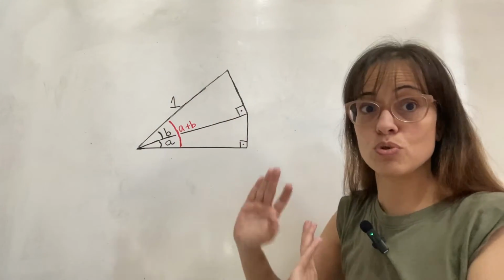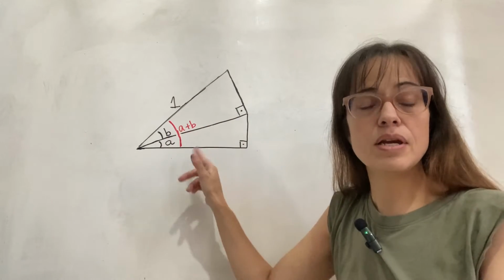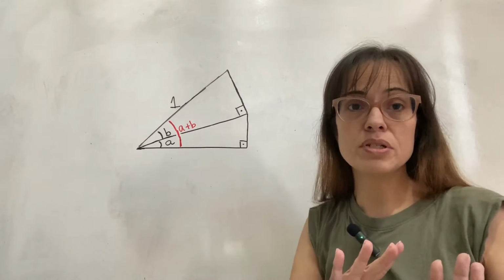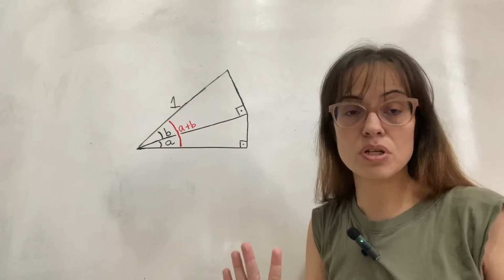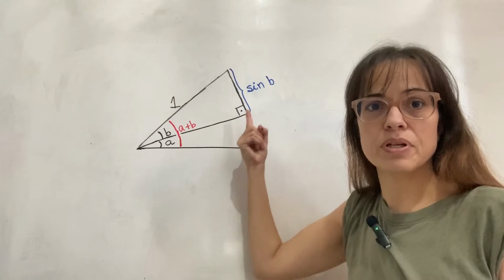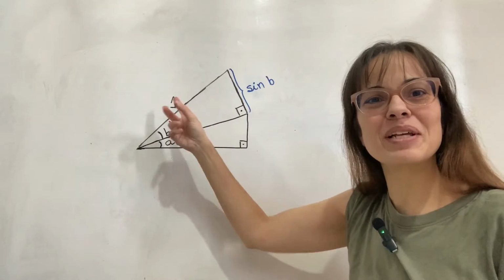Of course, I can't choose anything else right now, because once I put the 1 there and the angles are already named, A and B, now everything is already determined in terms of A and B. I can't choose anything else. For example, that segment there is sine of B, because sine of B over 1 is the sine of B, the opposite leg divided by the hypotenuse.